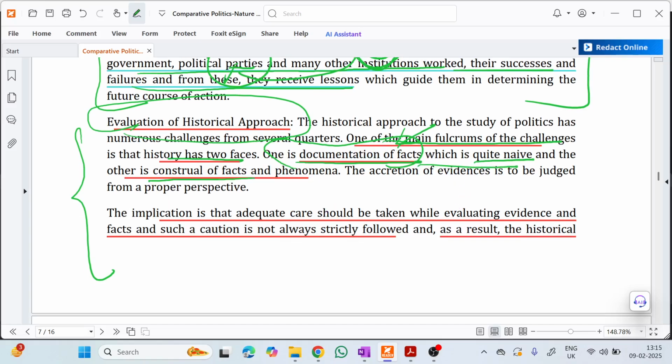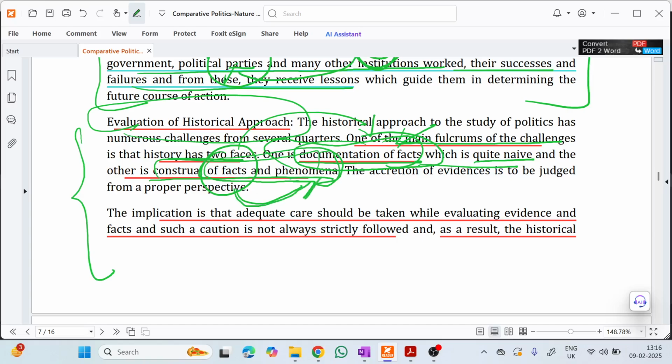And then the other problem is about the construal of facts and phenomena, which means interpretation. Whatever has been written in the historical documents, first we are skeptical about their authority, and then even if we consider them while studying the past, the interpretation is subjective.